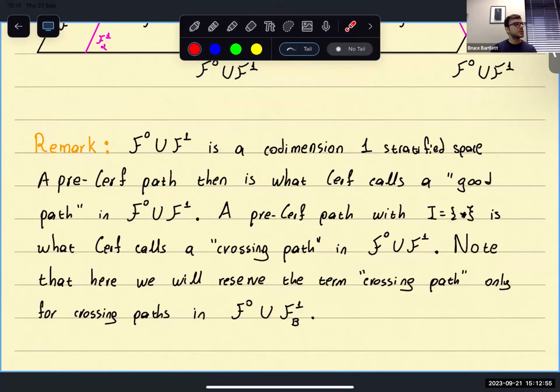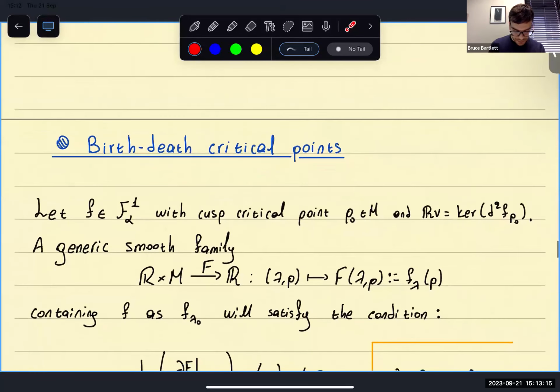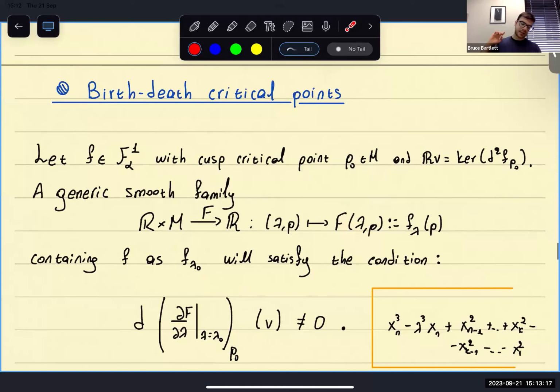But I want to reserve the term crossing path for paths that cross F1 beta, so I'm not going to do that. If you do decide to read Cerf, just be aware of this. These are pre-Cerf paths.